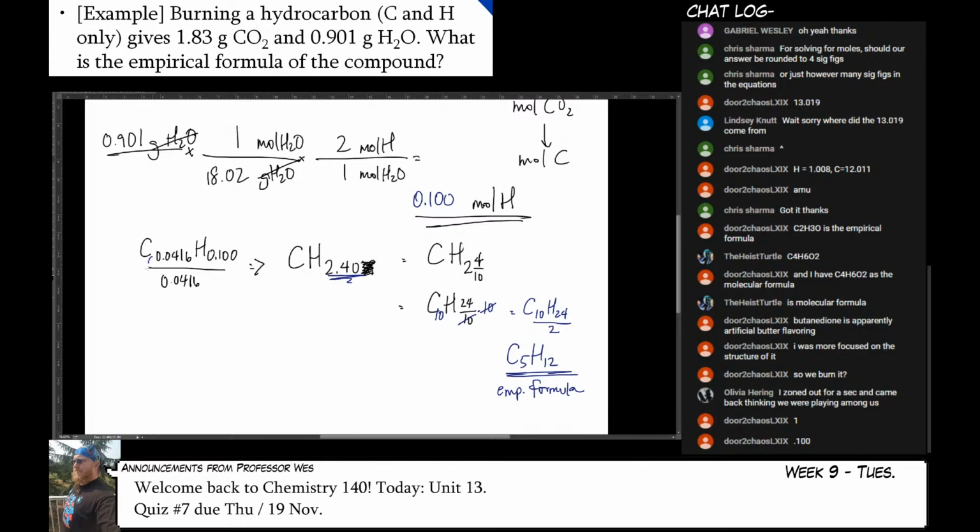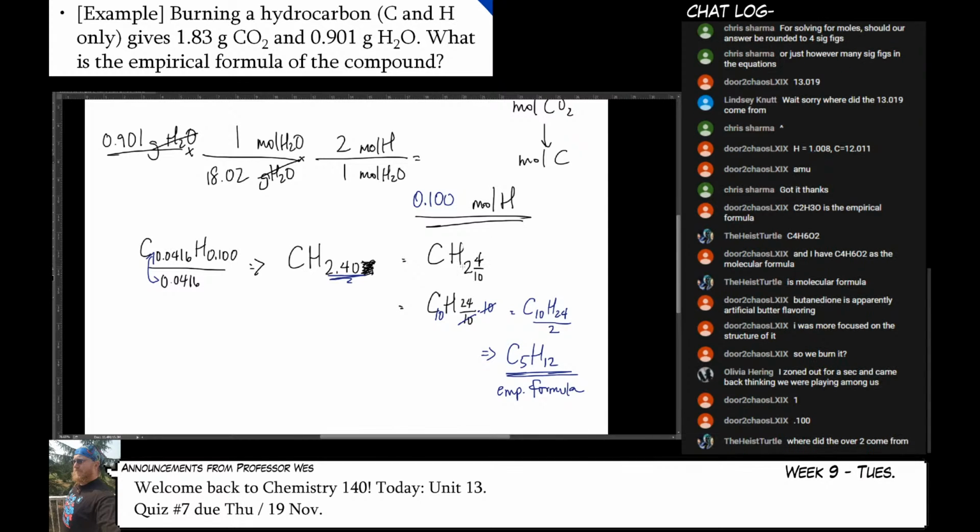When you divide by the smallest number, you inevitably force something to be 1. But not all empirical formulas have a 1 in them. If you do that, the other number will be a fraction. And so what you need to do is you need to be able to undo that fraction. The way that you can do that most easily is by looking at your decimal and trying to express it as a fraction.